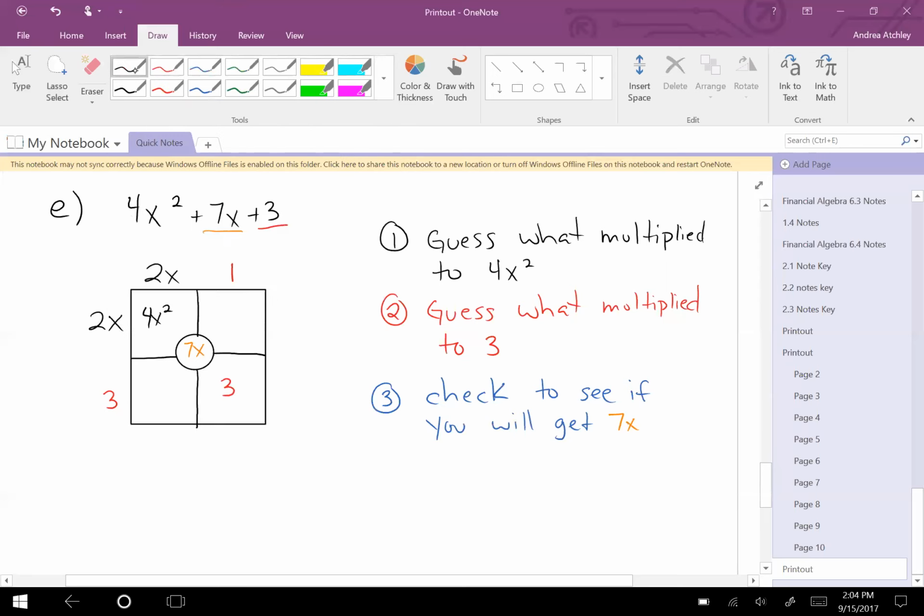Okay. So if I multiplied the 1 and the 2, I get 2x. Okay, if I multiplied the 2 and the 3, I'll get 6x. Right here, this is a positive 3. And that positive 3 tells me I'm adding.